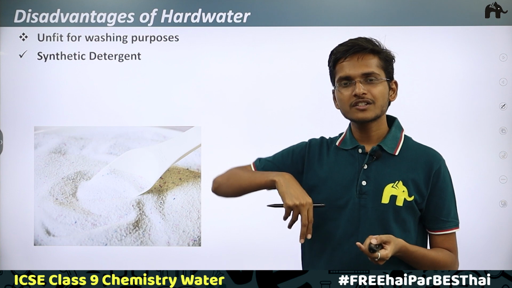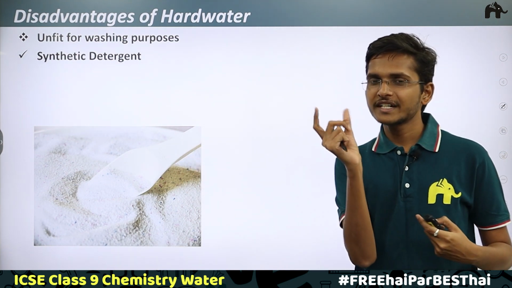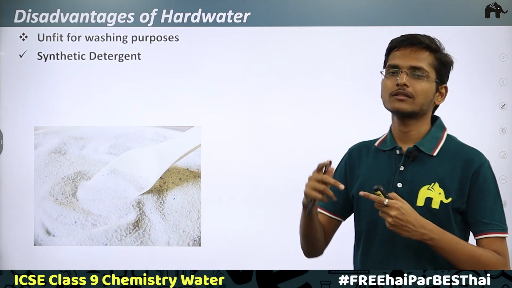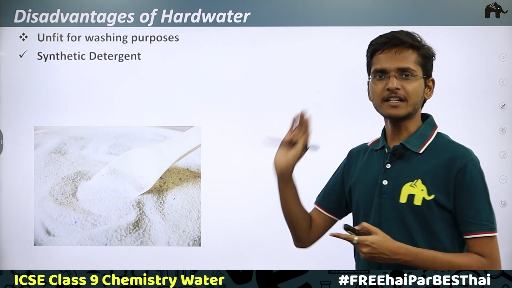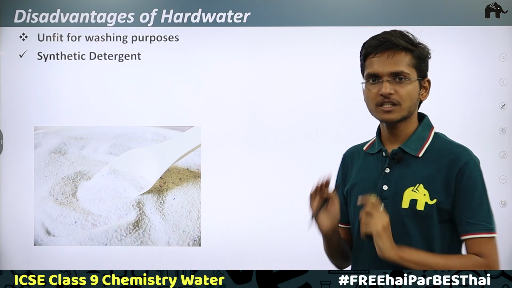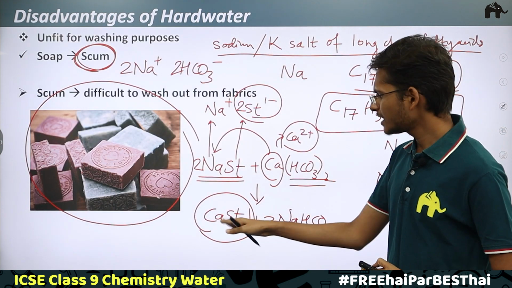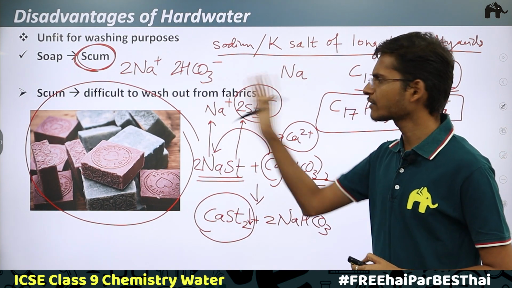In the case of soap, the stearate ions are not free to work. But in the case of synthetic detergents, the calcium and magnesium salts are also formed just like this, but now there would be another chemical compound, because synthetic detergents are slightly different from soaps.